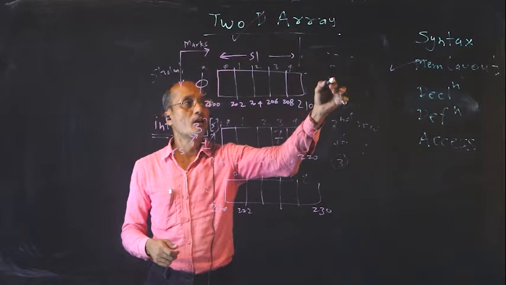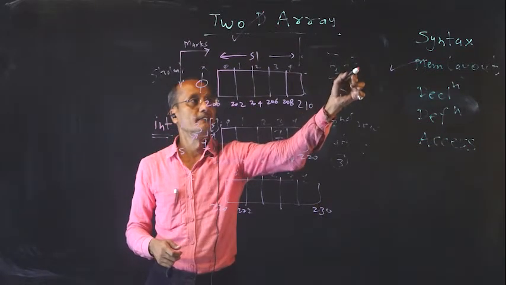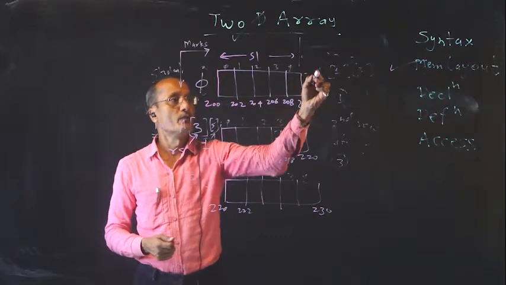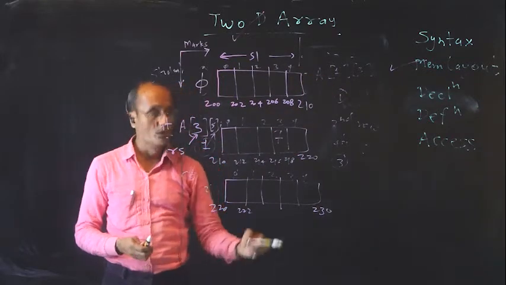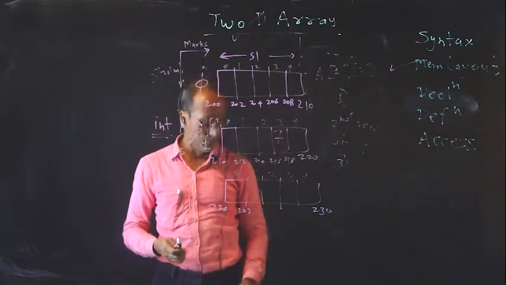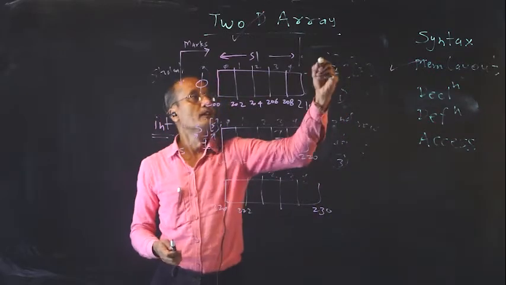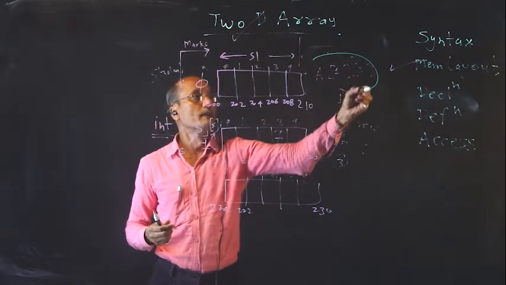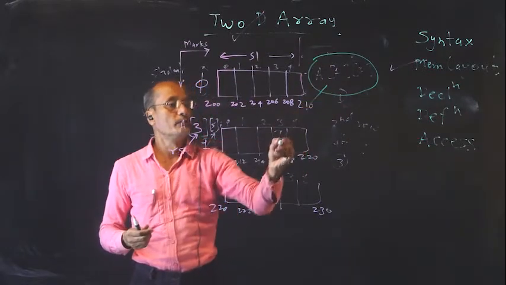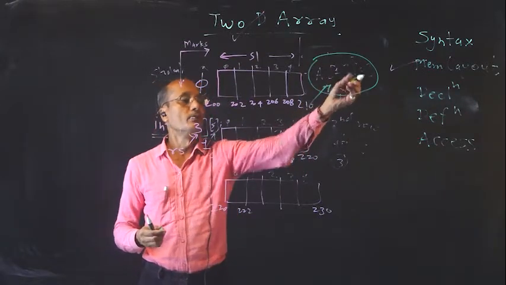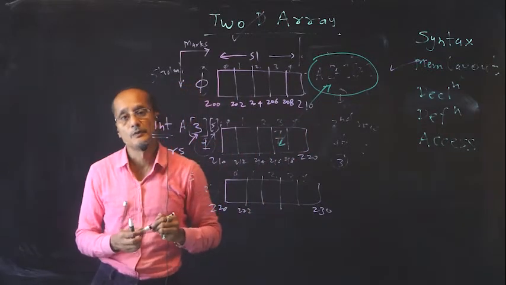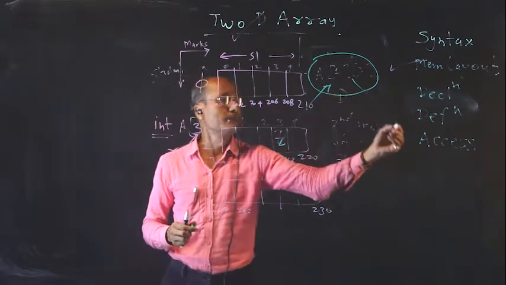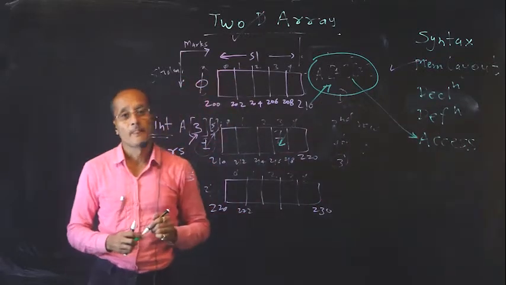So I need to talk about something like 1 and 3 like this. So I can say A of 1, 3 is the way to refer to this particular element. This is what is called access of the array.